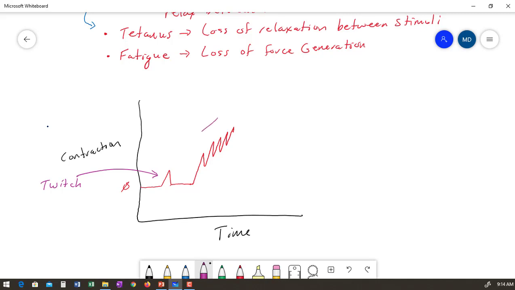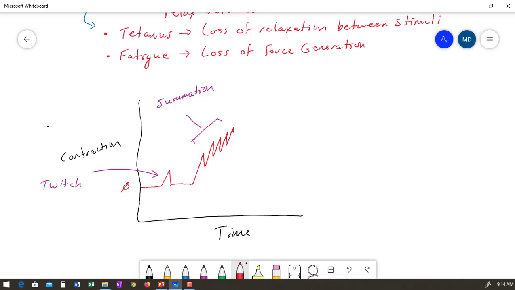When you get something like this, it's called summation. So you can see that the difference between a twitch and summation is that with summation we're never going back to our fully relaxed state. We're never going all the way back down to baseline.